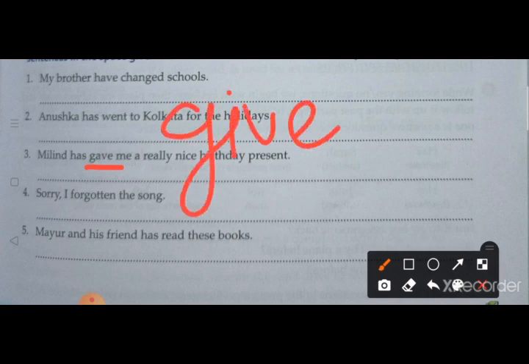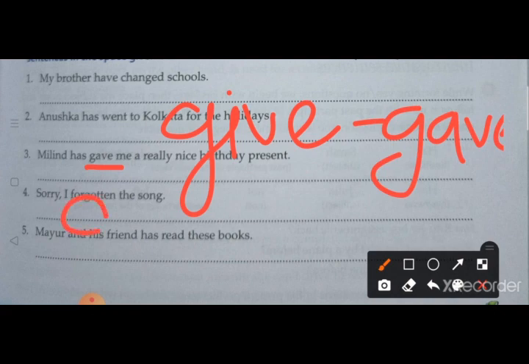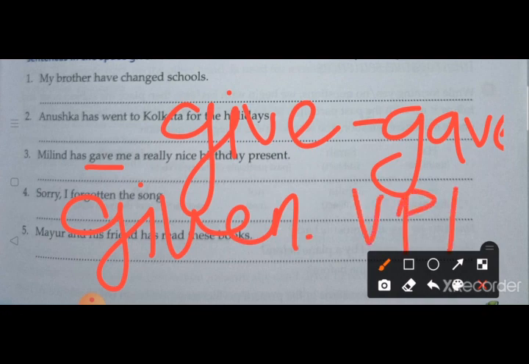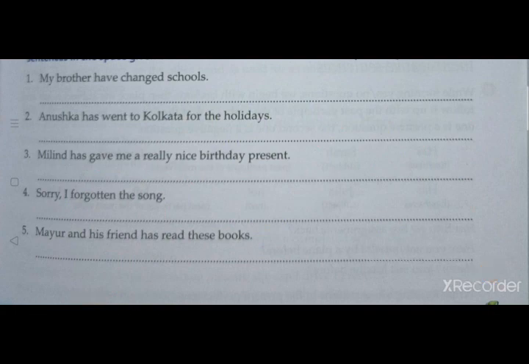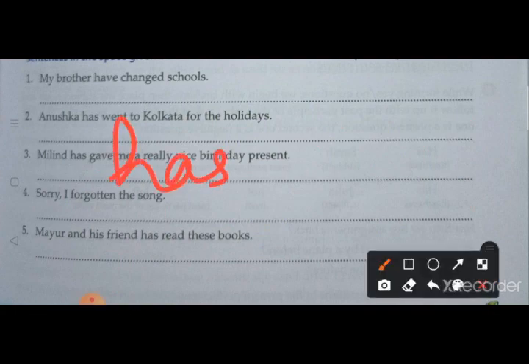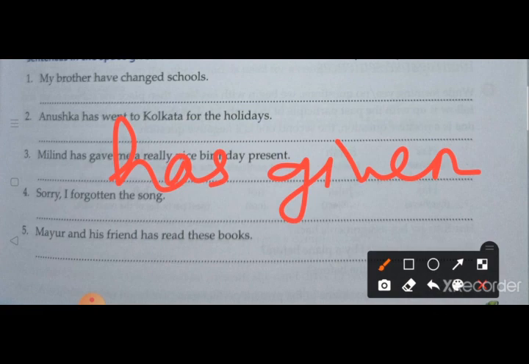Give है हमारा first form V1. Gave is our second form, that is past form, and third one is given, which is our past participle. So the answer would be Milind has given me a really nice birthday present.